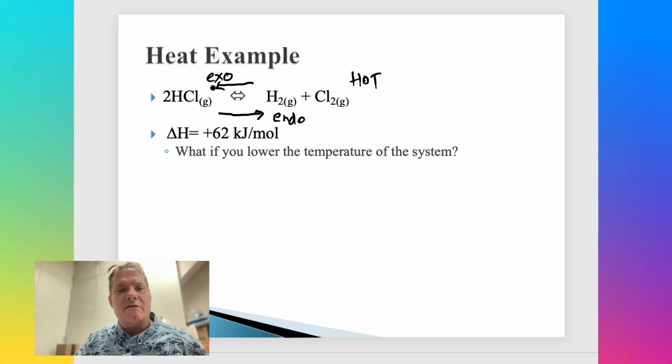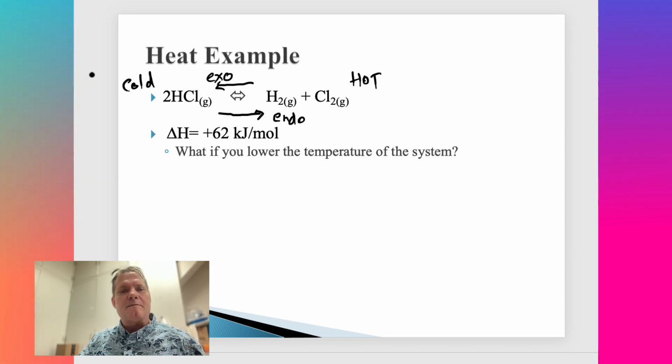Now, the converse, reverse reaction in this case, exothermic reactions want to give off heat. So if you are out playing basketball on a hot day, you're very hot, where do you go to lose that heat? You obviously go into a cold environment. So, exothermic reactions are favored under cold conditions, whereas endothermic reactions would be favored under hot conditions.